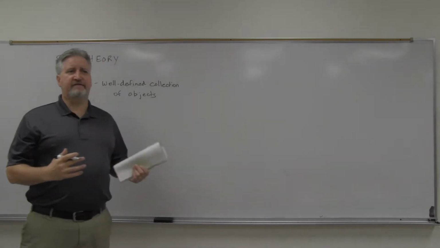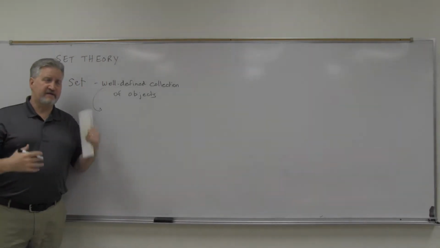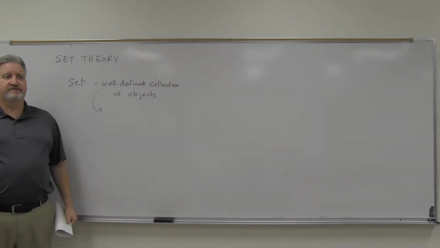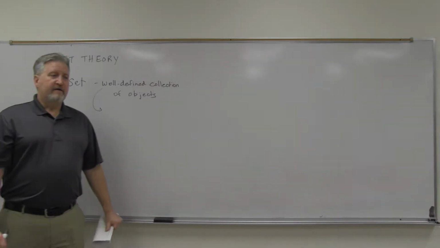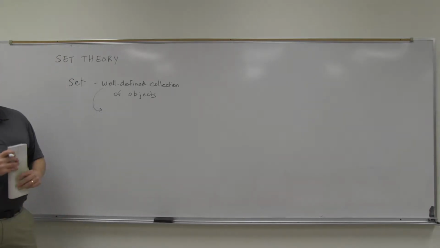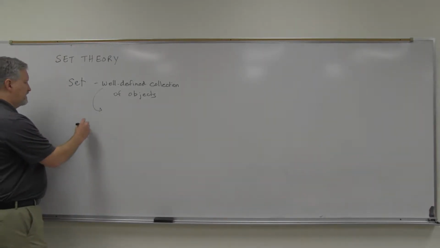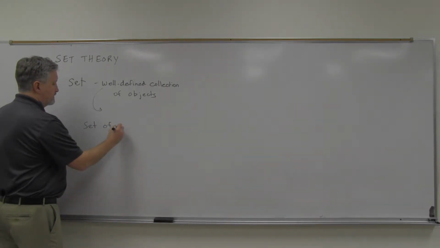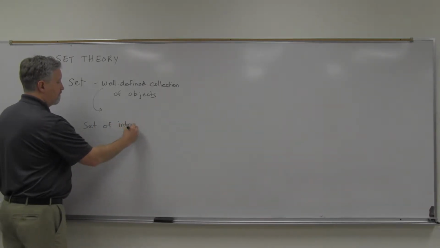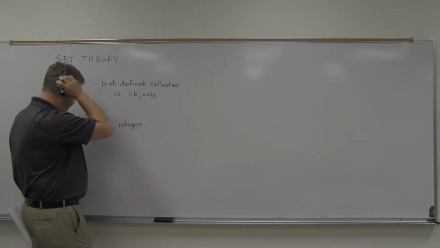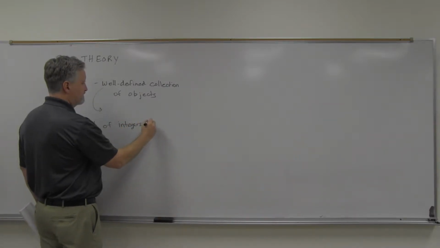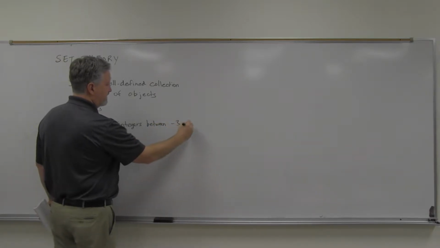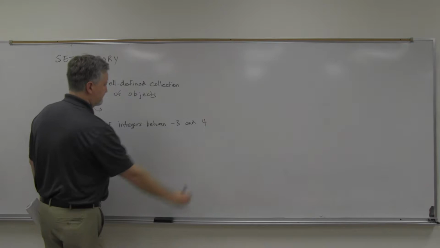What we like for the set to be is a set that's reproducible by anyone that sees the set. For example, if I said the set of integers between -3 and 4.